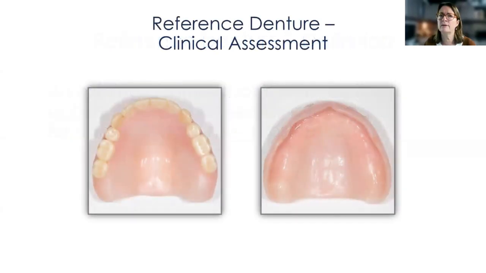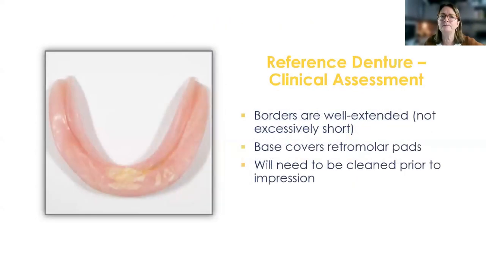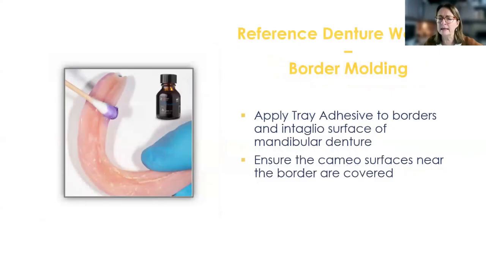Talked a little bit about the reference denture, and these are some follow-up imagery to go with it. It's important to make sure that denture is cleaned on the inside, and that you use tray adhesive on the intaglio surface of the denture before placing the impression material.